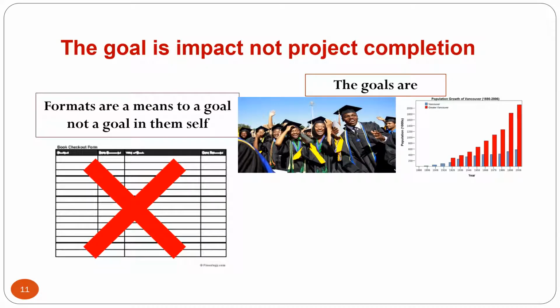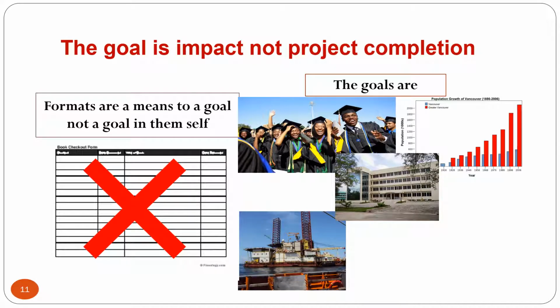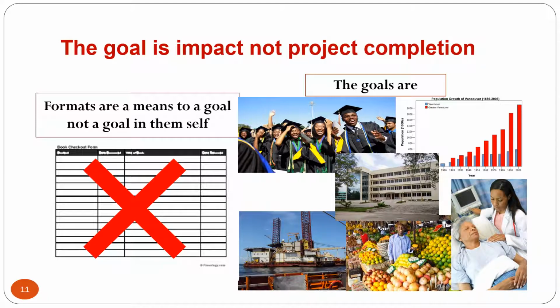The goals are a new breed of postgraduate graduates, master and PhDs coming out to serve Africa, new knowledge for Africa, stronger African universities, a stronger industry in Africa, a stronger food sector in Africa, a stronger health sector in Africa, and so on.